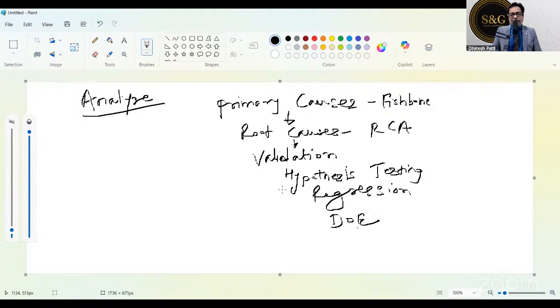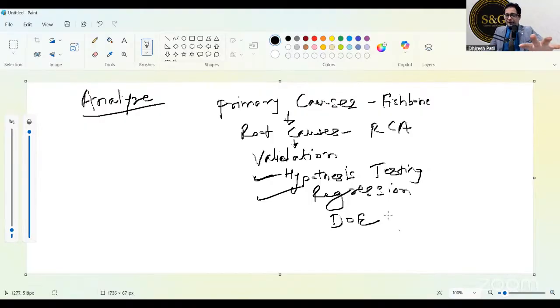So basic level of hypothesis and basic level of regression we already have covered in the green belt level, because this is a black belt certification session. So what we are looking at is advanced hypothesis testing. We'll go for advanced regression today. And tomorrow we will cover the design of experimentation, DOE.